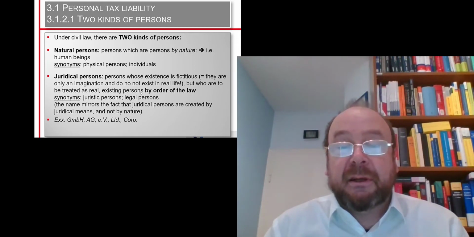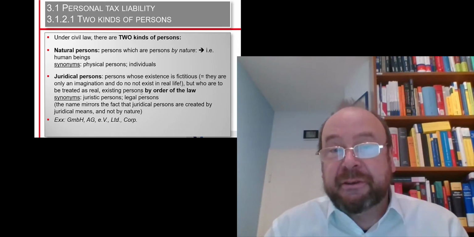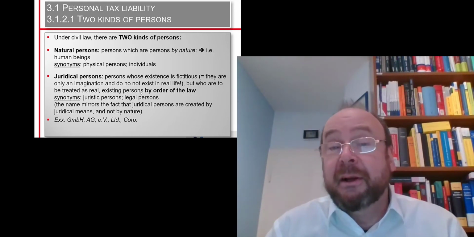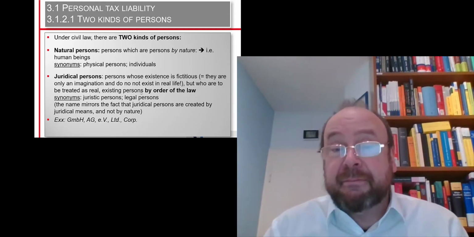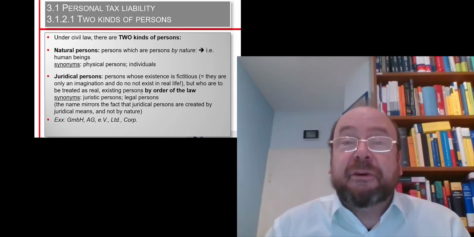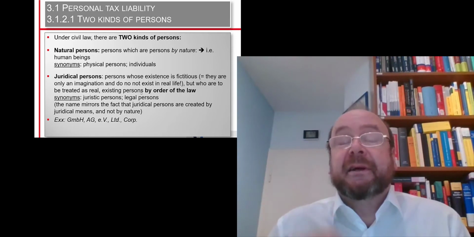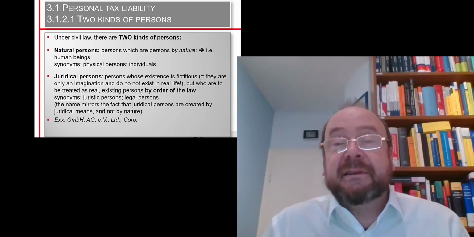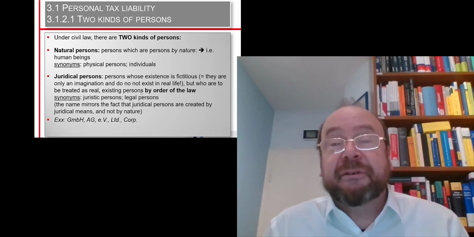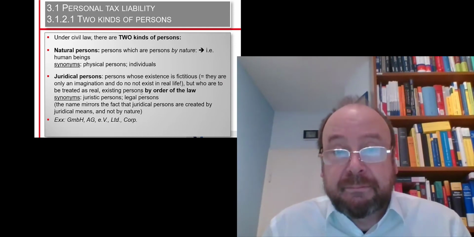Alternatively, I found out that in English literature, the natural persons are far more often called physical persons or individuals, human beings. They are called natural persons in Germany because these persons exist in nature. They owe their existence to natural causes.